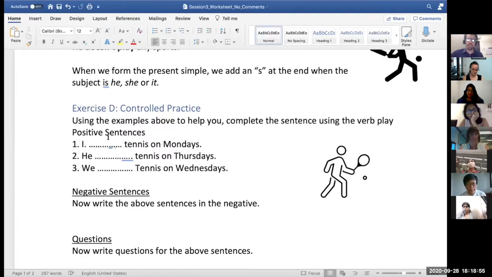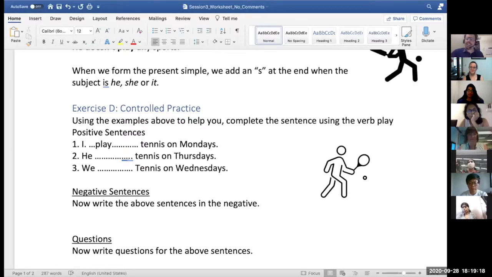Okay, so I've got some sentences down here with some words missing. In these, I want you to use the verb play. So, I something tennis on Mondays. What goes in here? Play. Yes, I play tennis on Mondays. For your students, you'll probably want to get them to write this, but I think spelling is okay for Diane at the moment.